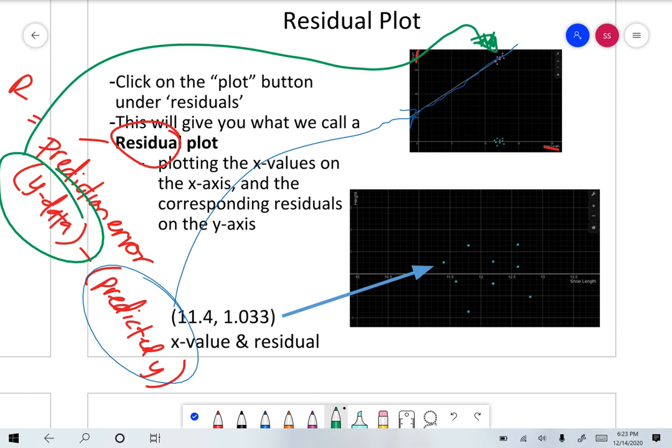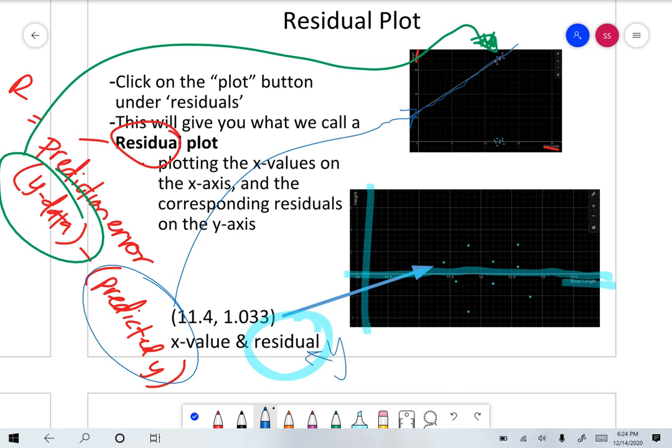So a residual plot then would be, if you look at this plot right here, the x-axis is still shoe length. We're still looking at shoe length for your x value, but your y value is actually going to be your residual.